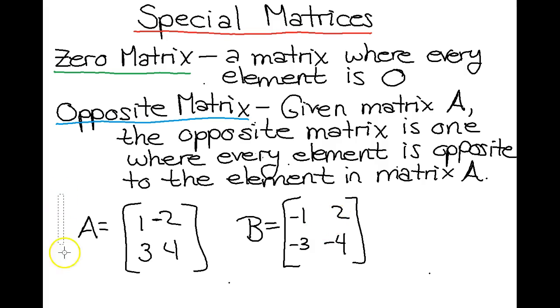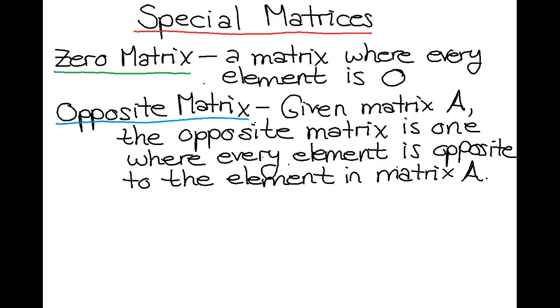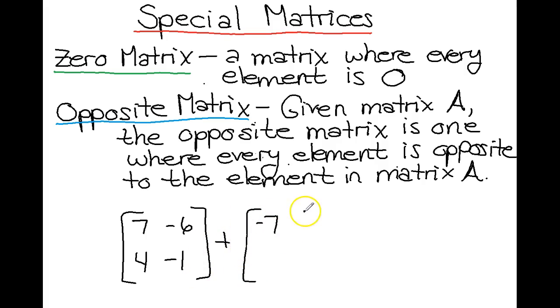So why do we care? Let's take a look at an example. If we add two matrices that are opposites, say 7, -6, 4, and -1, plus the opposite matrix, what happens?